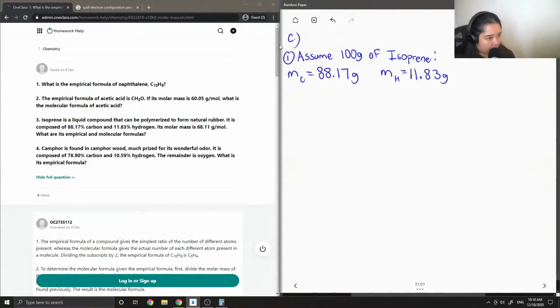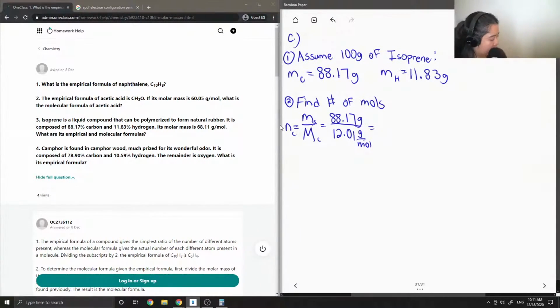Okay, so now that we have the masses, the second step is to find the number of moles. Let's recall the equation for number of moles is mass over molar mass. First, let's look at the carbon. Its mass was 88.17 grams, and the molar mass of carbon is 12.01 grams per mole.